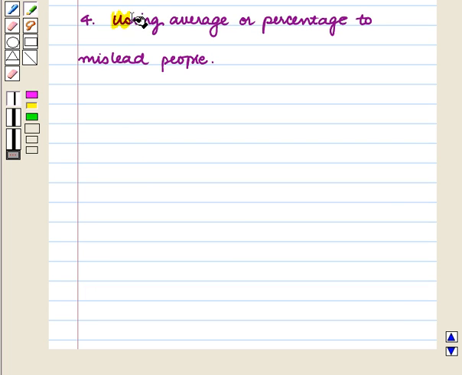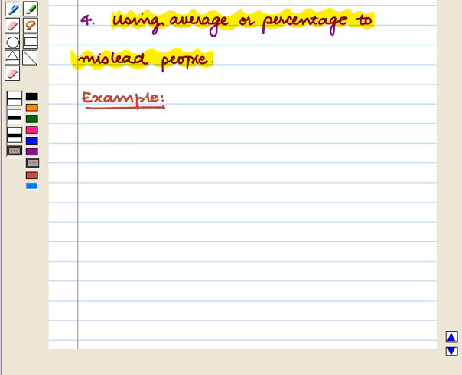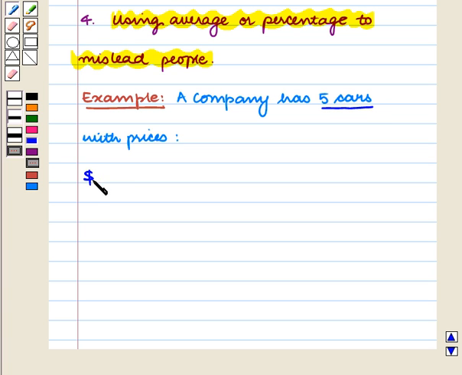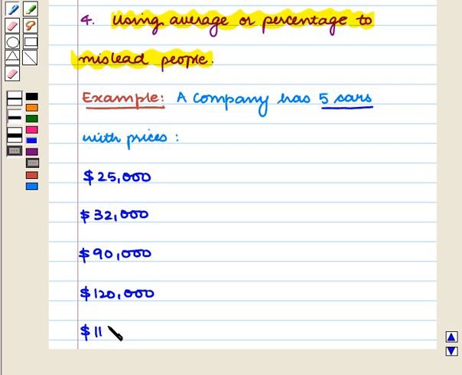Fourth is using average or percentage to mislead people. For example, a company has 5 cars with prices $25,000, $32,000, $90,000, $120,000 and $118,000.